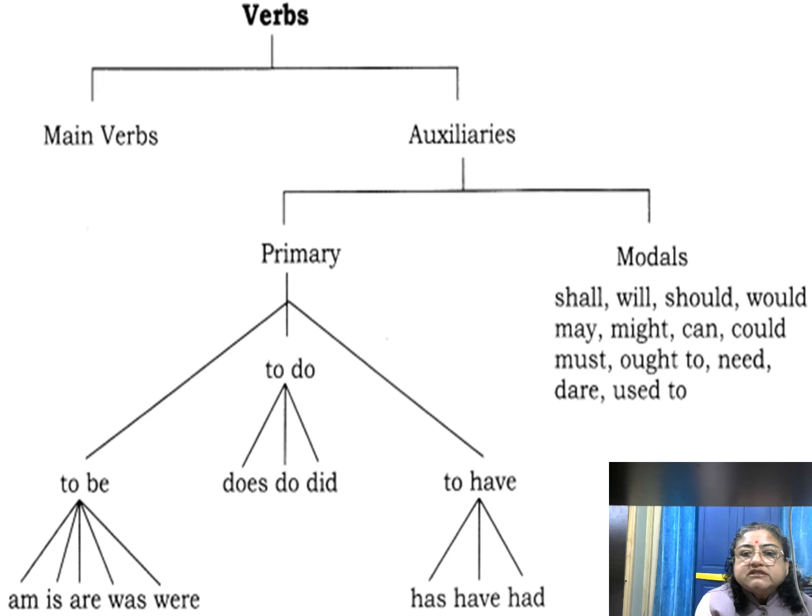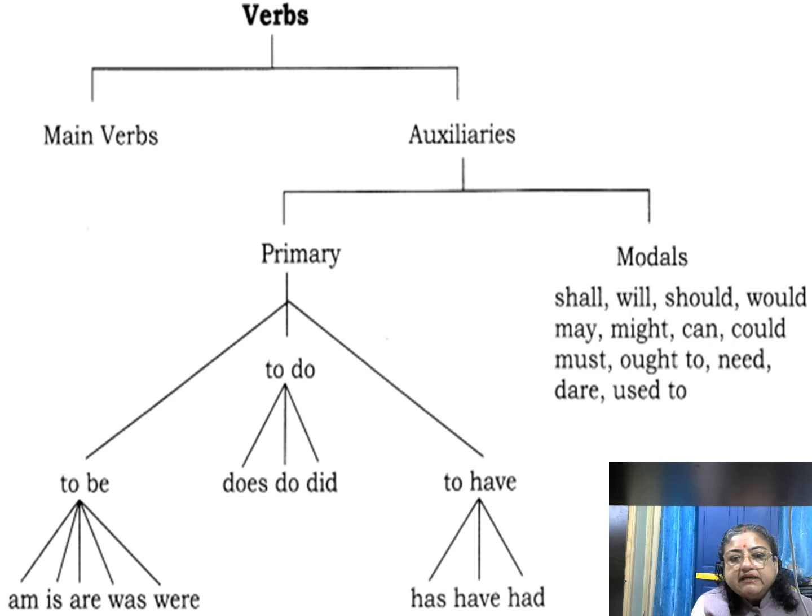Under modals, just for initial knowledge, I have given this division also. In my next video I will explain primary and modals separately. Modals are shall, will, should. These are familiar words that you use in the English language, and these are called the modals.